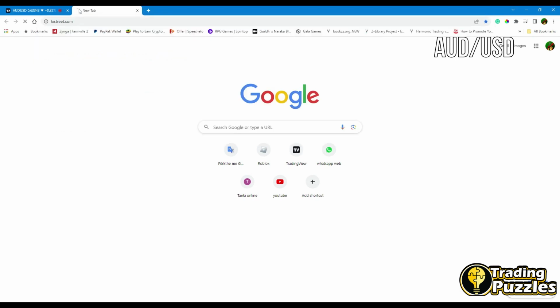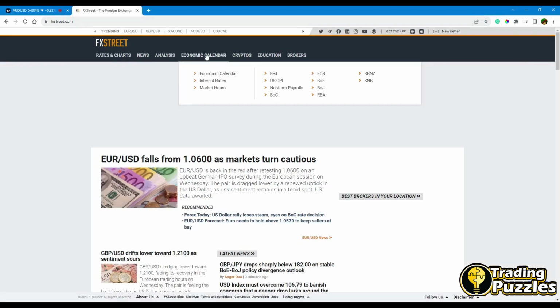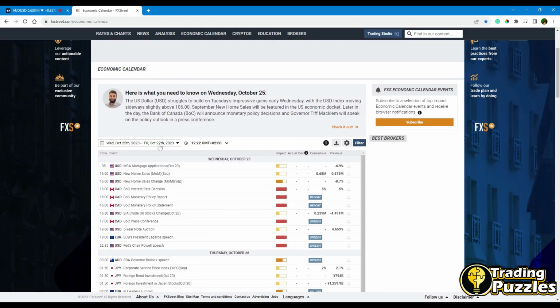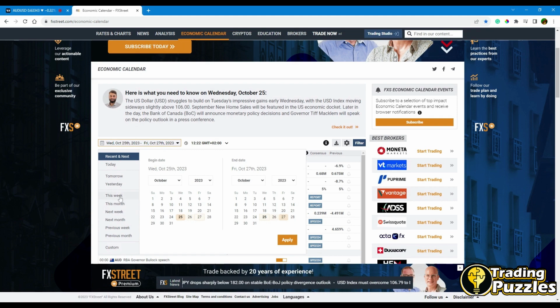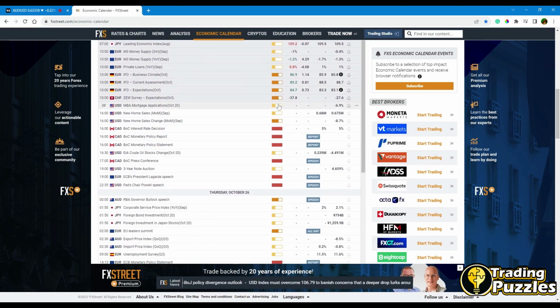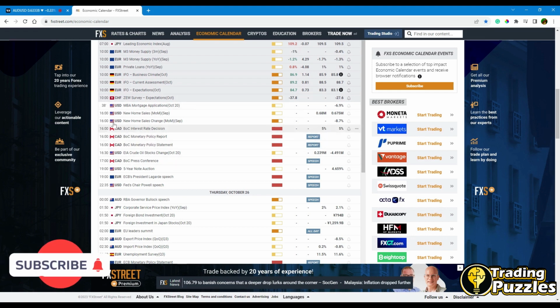From a fundamental perspective, the focus for today will be on the Bank of Canada interest rate decision. So it is almost empty from the US. Also, the market today is not moving very well, it's very quiet. The focus is only on the Bank of Canada interest rate decision.